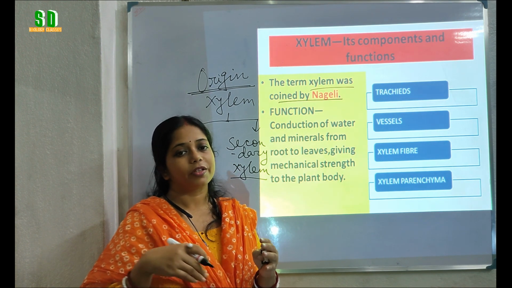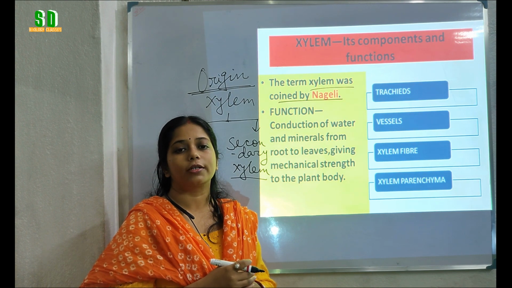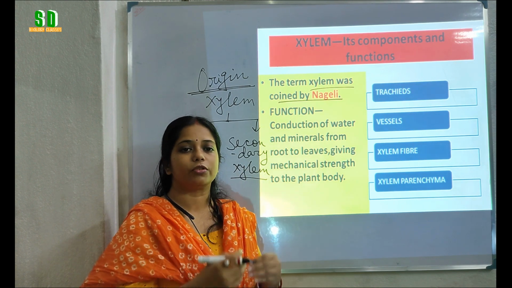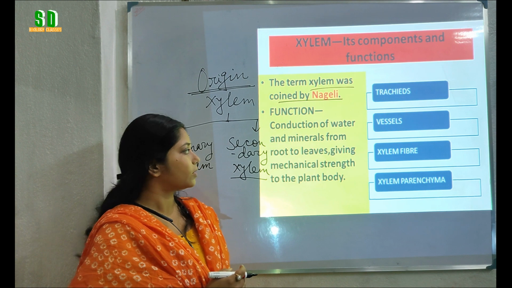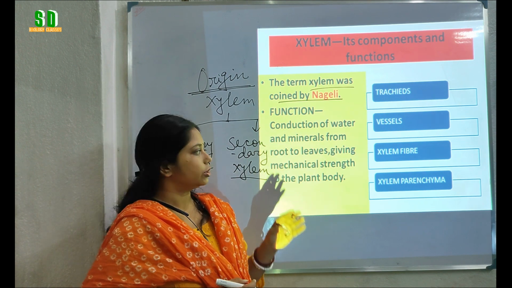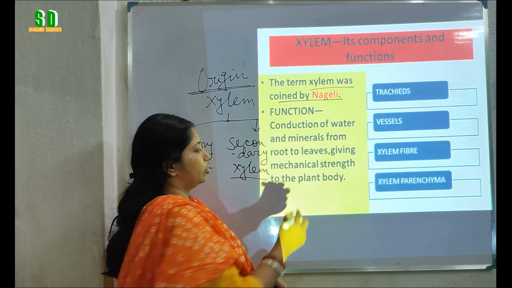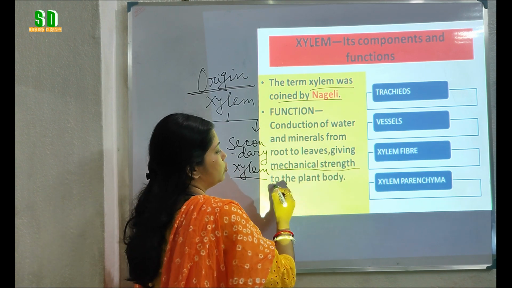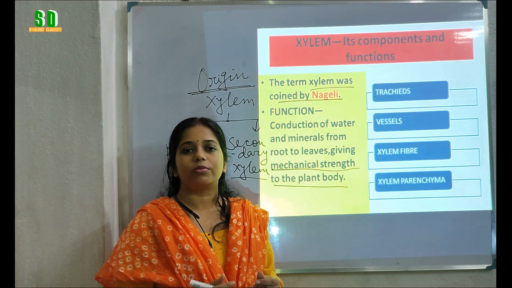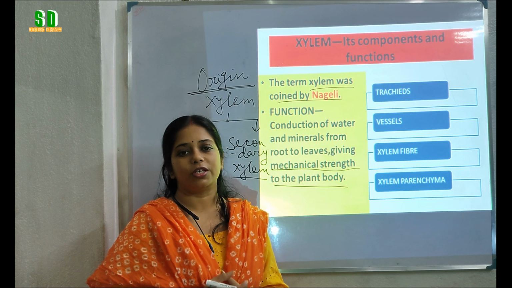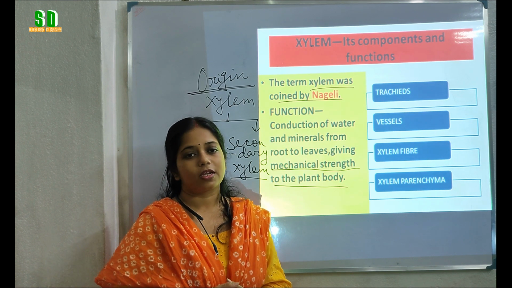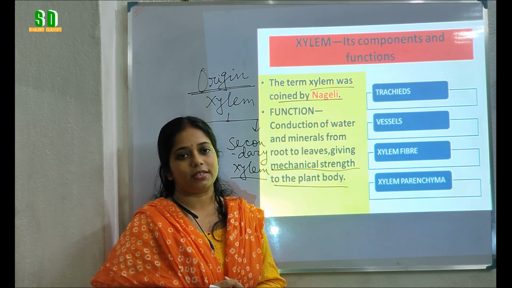In this way, the conduction of water occurs from root to leaf through the stem. Besides this function, the xylem tissue also gives mechanical strength to the plant body, and sometimes it stores certain food materials within it. So these are the main functions of the xylem tissue.